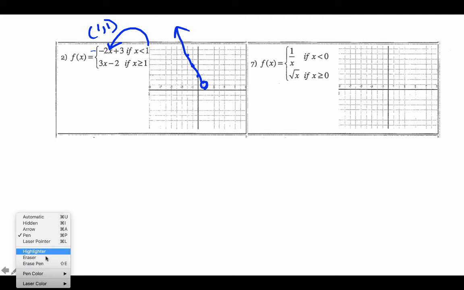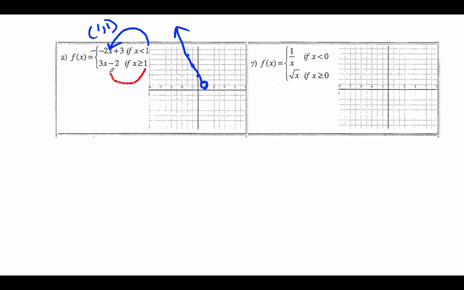Now I can do the next color, and I can do my red, and I'm going to plug in a boundary point again, and I'm going to do 3 minus 2 is 1. Oh my goodness, the boundary point for that one is also 1, 1, but it's filled in. What if you don't have 2 different colors? It doesn't matter, okay?